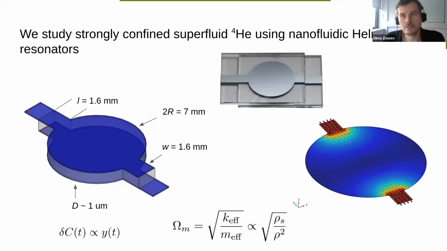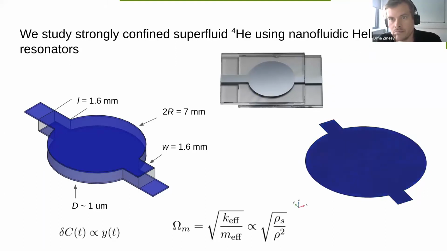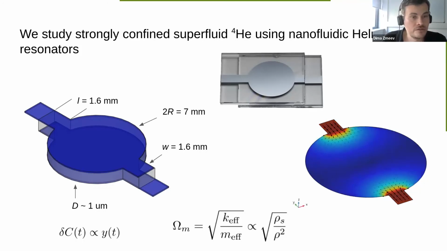Thanks. Any more questions? I'll then ask one. With your thinnest channel, have you tried to observe the Kibble-Zurek mechanism of producing vortices?